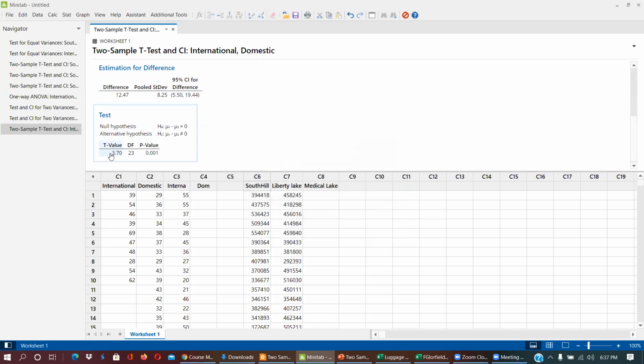And 3.7, I've tried that. Is it not working? I might have tried negative 3.7 for some reason. That's what I had written down.